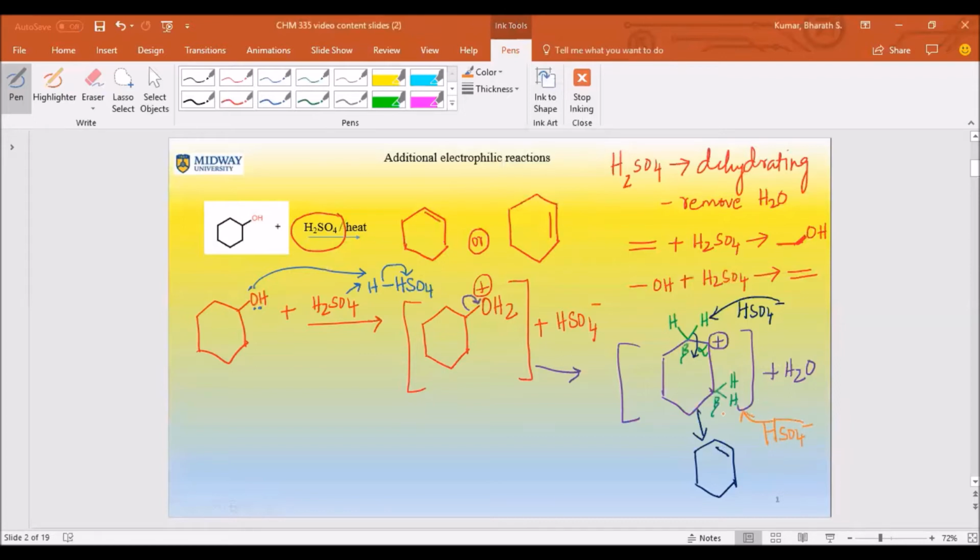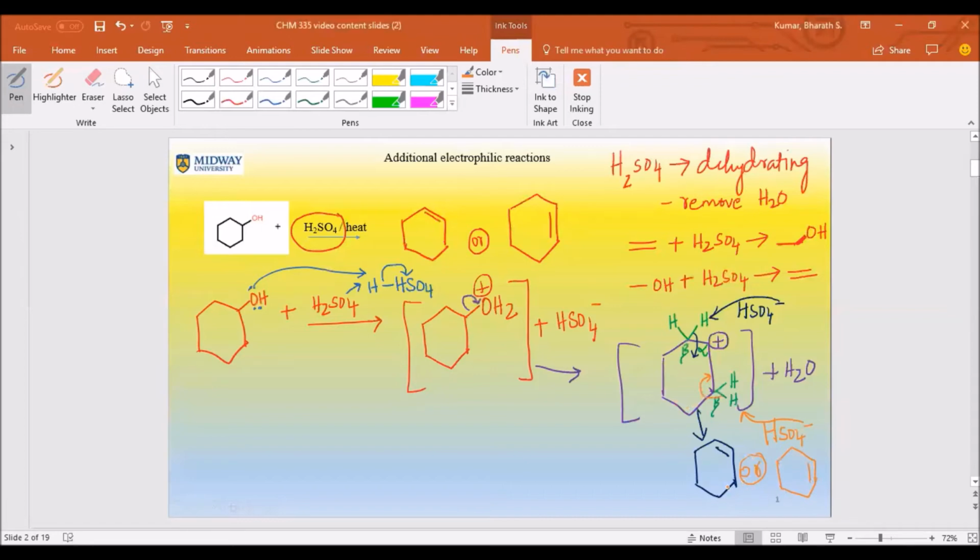In that case, this bond comes back here. It can only go towards the positive charge. It cannot go to this carbon or this carbon or this carbon, because it has to neutralize that positive charge. And if that's the case, I'm going to write R here. You will end up with this as your compound. Both are equally possible.